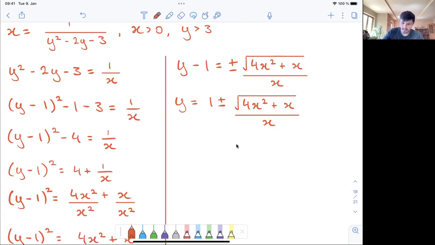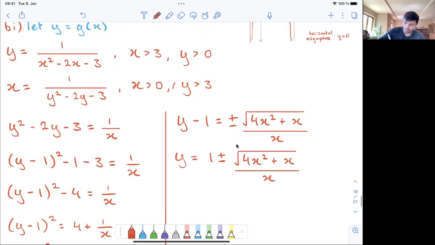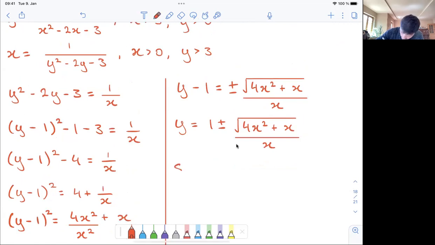Since at the start we said that y has to be greater than 3 and x is greater than 0, let's write that in. Since x is greater than 0 and y is greater than 3, we're going to have to reject this negative sign.